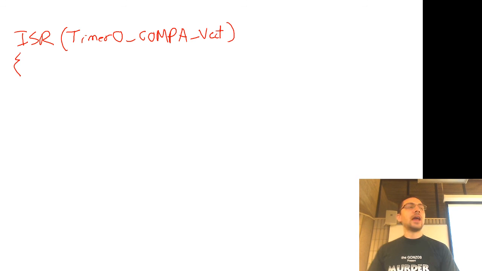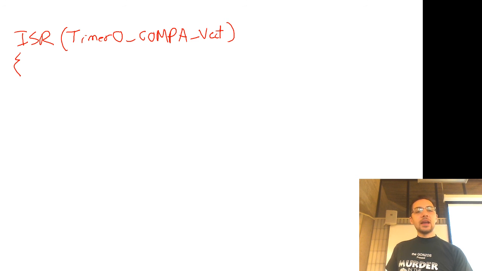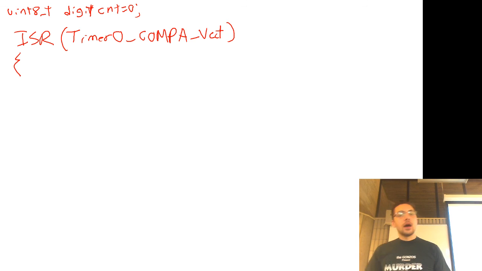Okay. So now instead of just twiddling a pin that we can look at, we've got to deal with some stuff. So I might have somewhere a uint8_t digit_count. It starts off at 0, and that basically is going to tell me which digit I'm turning on.